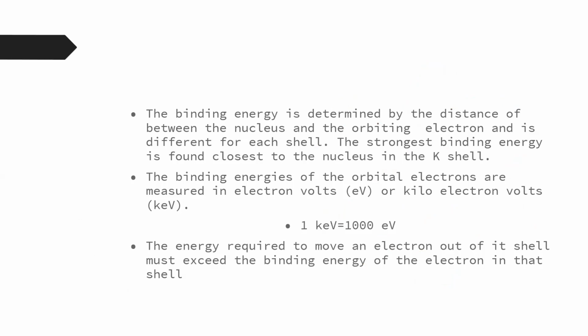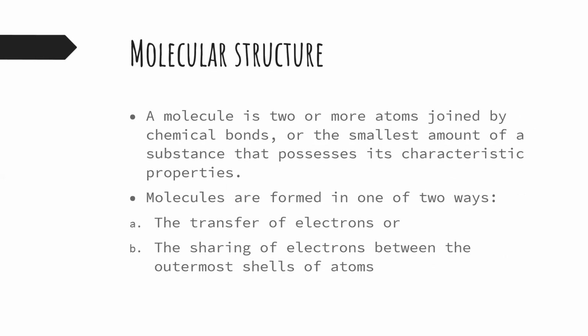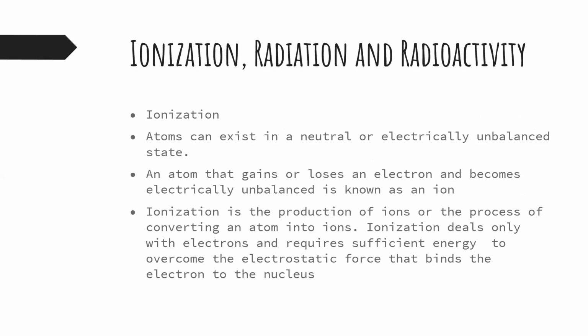all right? So the molecular structure. We know that a molecule is comprised of 2 or more atoms joined by chemical bonds, or the smallest amount of substance that produces its characteristic properties. It can be formed in 2 ways, either by the transfer of electrons or the sharing of electrons between the outermost shells of atoms, right? So we know what ionization is, right?